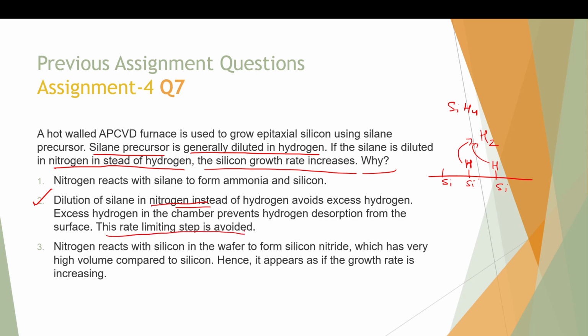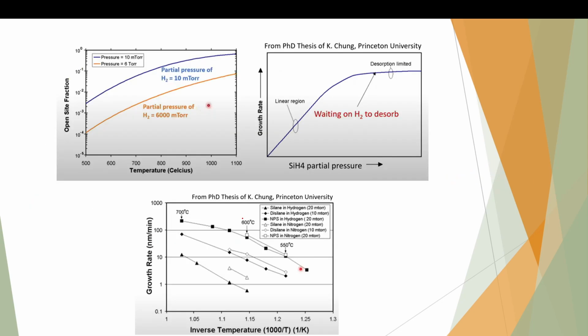So the rate limiting step is avoided, and that can be seen in these pictures or graphs that Prof had displayed in the lecture slides. In the first graph we see the open site fraction. As I told, on the surface there will be some open sites so that the silicon can come and sit on one of these sites.